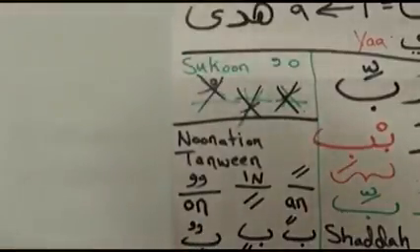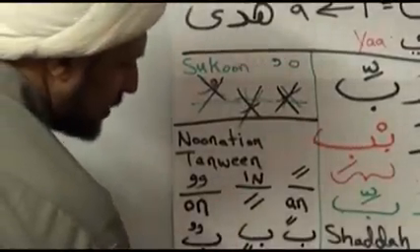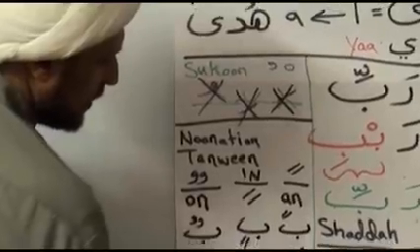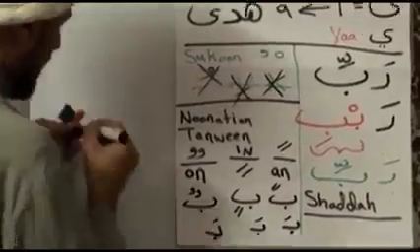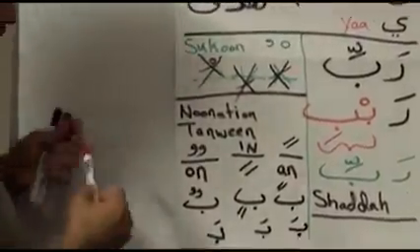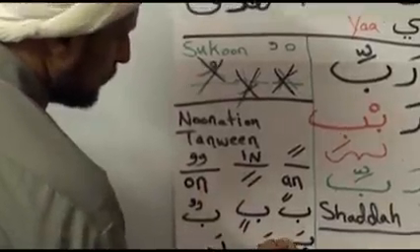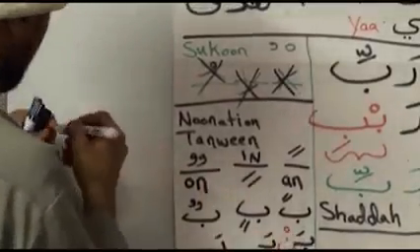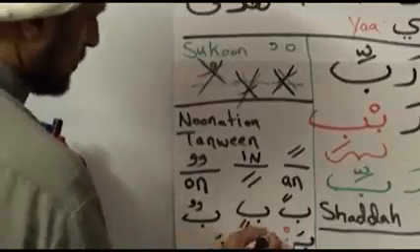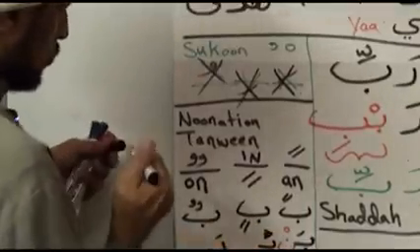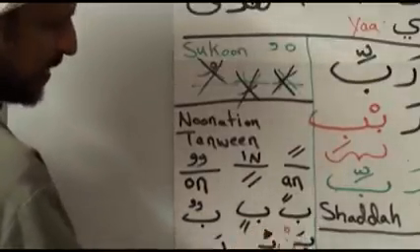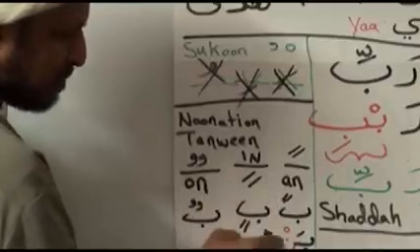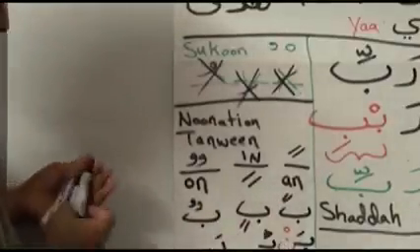Let me write it in a way that I cut the tail and attach it to a noon. So this is ban. Kasra. So see, this one is bin. The other sign represents the noon which is silent.